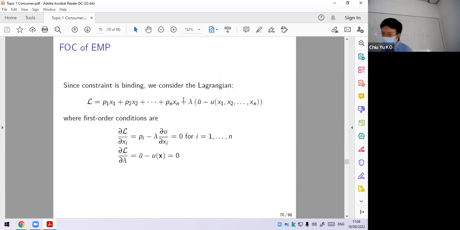And here's the Lagrangian. I should use the green color for that. So this is the problem, the Lagrangian, and you derive. Based on this first set, this is the same as the MRS equal to the price ratio. The last one is the utility constraint, just the constraint binding.